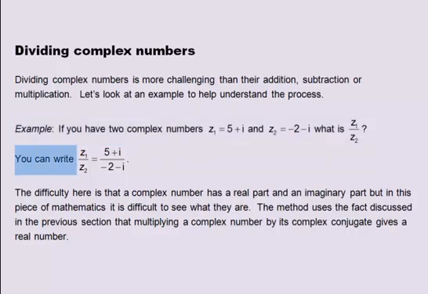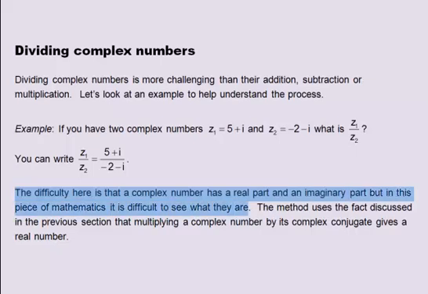You can write z1 divided by z2 equals (5 + i) divided by (−2 − i). The difficulty here is that a complex number has a real part and an imaginary part, but in this piece of mathematics it is difficult to see what they are.